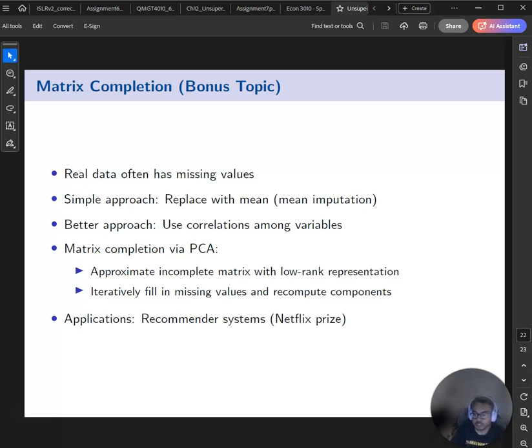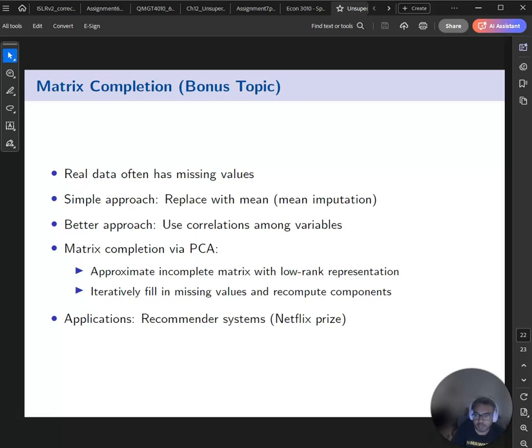A simple approach people often use is mean imputation. Just replace the missing value with the average of the available values for that variable. But this ignores the relationships between variables. A more sophisticated approach uses the correlations among variables to make a better guess about those missing values. And this is where matrix completion comes in.